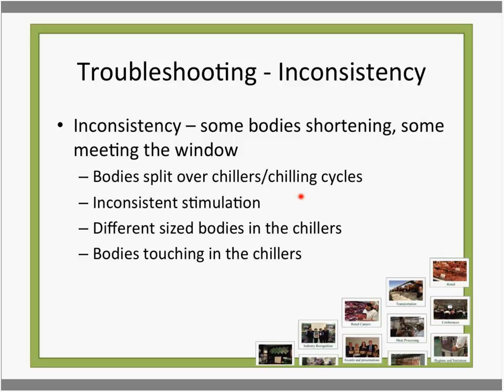Some of the inconsistency in stimulation as well. Different body sizes as well. And then if you've got bodies touching each other in the chiller, they haven't got enough space to get that temperature reduction. So I think really well with that one, we've got most of the answers.